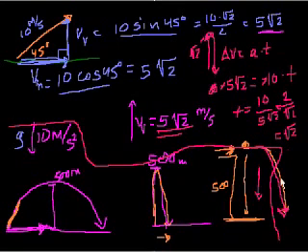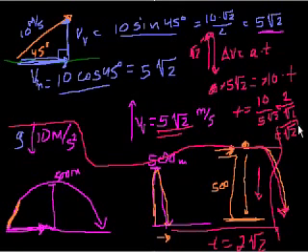So the total time in the air, and I know I'm doing this very messy, is 2 square roots of 2, just 2 times this, because it takes the same amount of time to go up as it does to come down. It might be confusing, but all I did is figure out the vertical component of the velocity using some basic trigonometry.